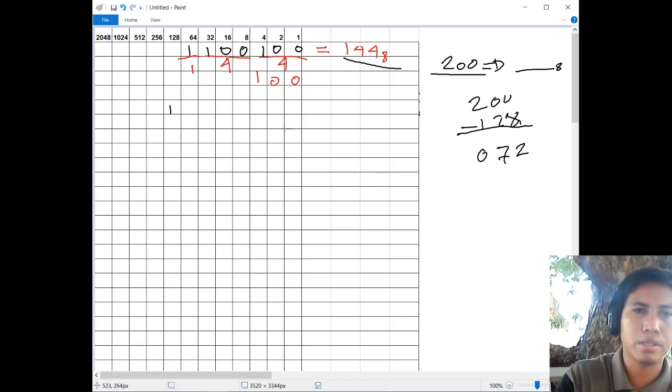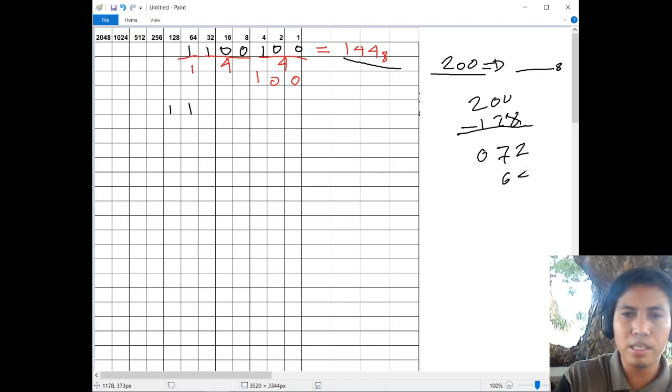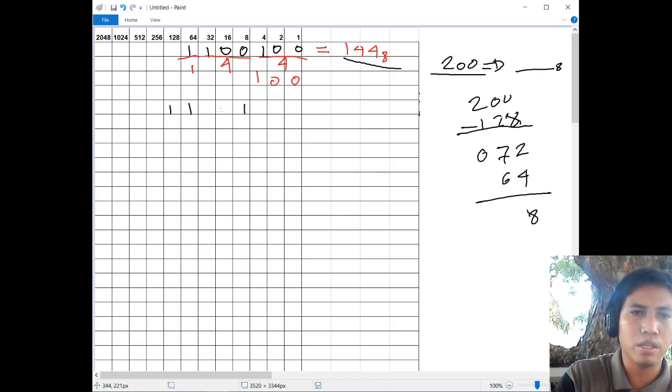Now, next, is 64 less than 72? That is basically yes. So we put 1 in that one. Minus 64, this will become 8. So we still have a value of 8. Among the powers of 2, we have 8. So the rest is 0.